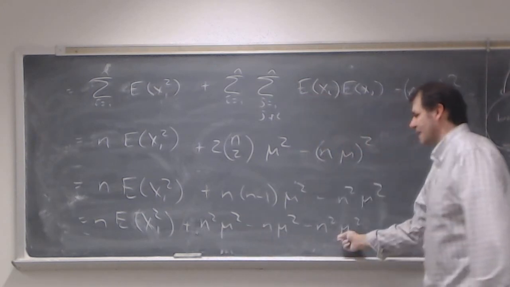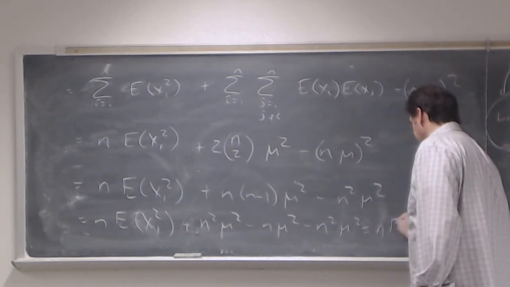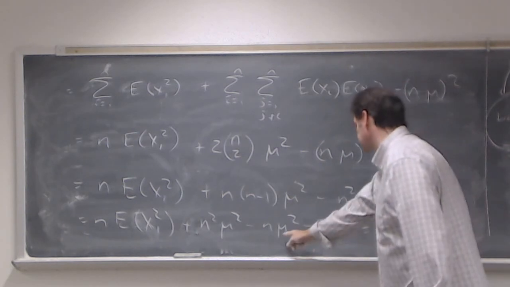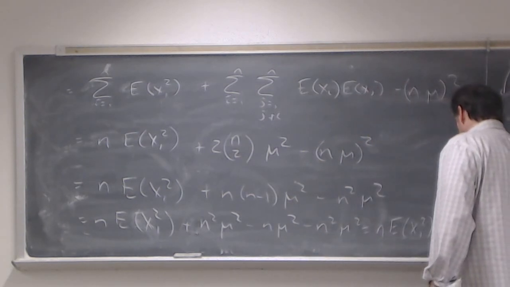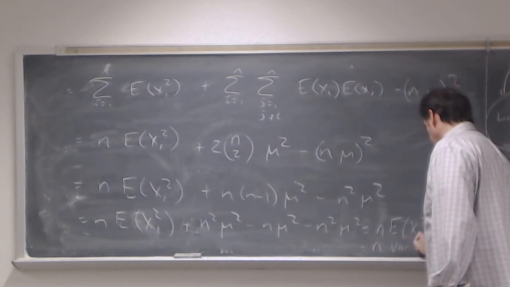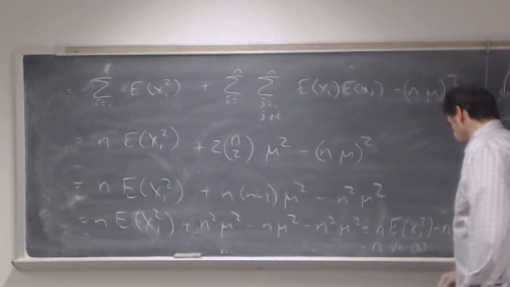These two terms cancel. So I'm left with n times the expected value of X_1 squared minus n times mu squared, and that is equal to n times the variance of X_1. That's what I got.